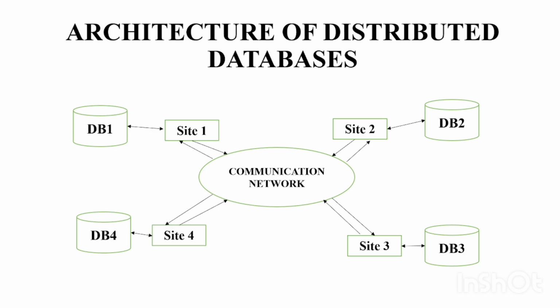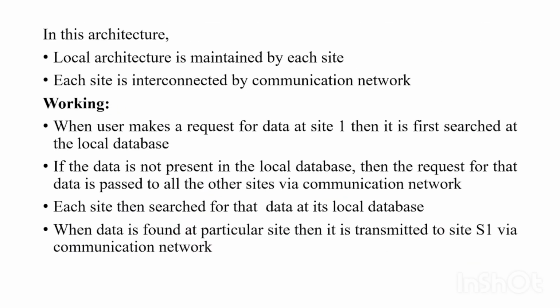It first checks the data in the local database. If it is not present, it checks the data in site 2, site 3, or site 4 through the network, whether they have the data in their local database. Each site searches for the data as if it is local.